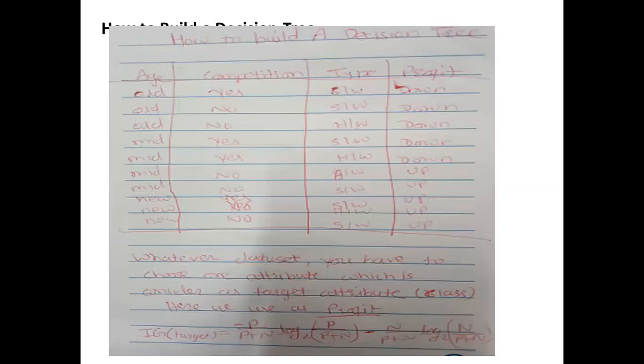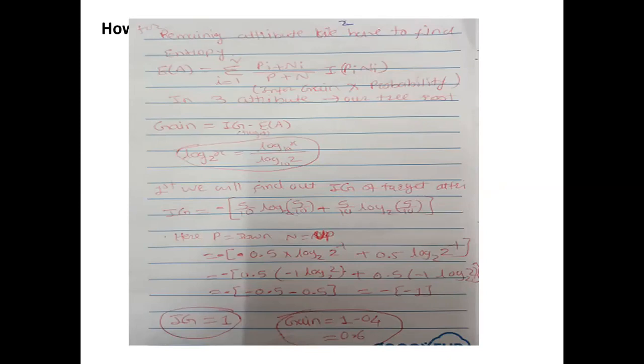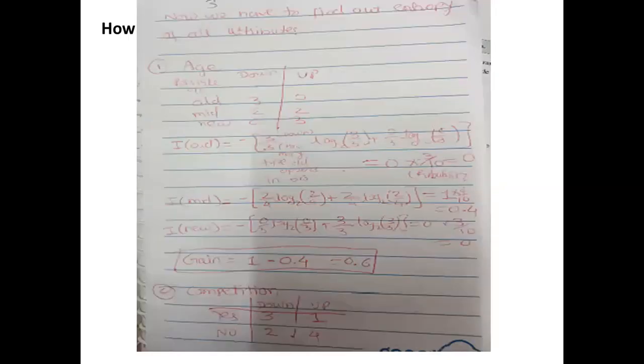So p means down. How many times does down appear in the database for the profit variable? 5 times, so that 5 comes over here. So 5 divided by p plus n. What is the value of n then? 5, right? So 5 plus 5, that is 10.